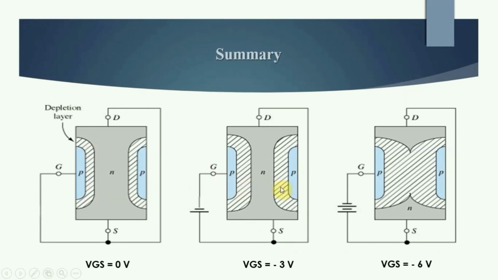As you can notice, the channel width available in this case is small as compared to previous one, so a reduced current will flow through this channel. And if you increase the reverse voltage at VGS, say minus 6 volts, then the depletion regions will touch each other and there will be no path for the electrons to flow. Hence, the current ID will be 0.